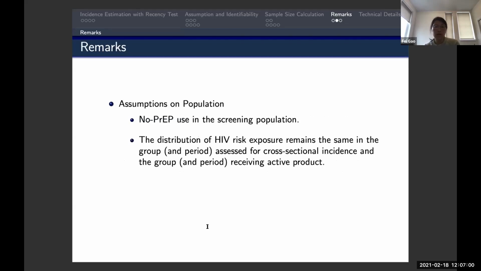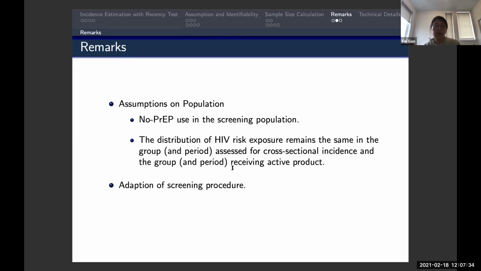Particularly, I want to highlight the assumptions we need for estimating this counterfactual placebo incidence using recency assay. First of all, we will need no PrEP use in the screening population such that the estimator can be indicative of a placebo. And the other assumption is that the distribution of HIV risk exposure remains the same in the group and period assessed for cross-sectional incidence and the group and period receiving active products.